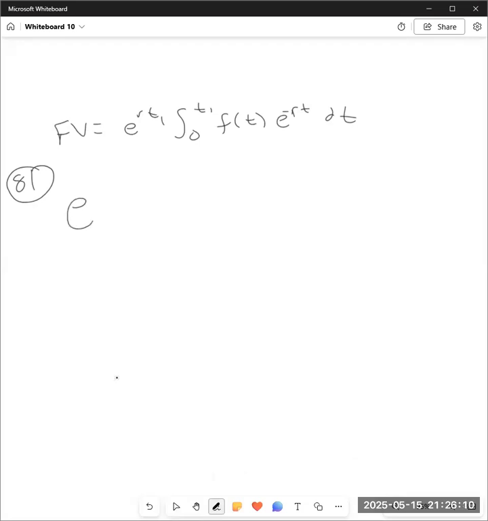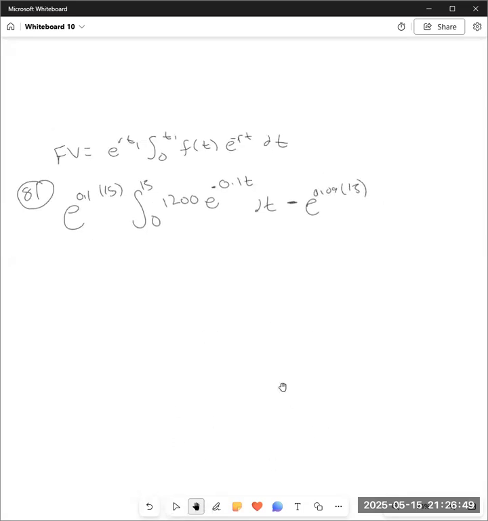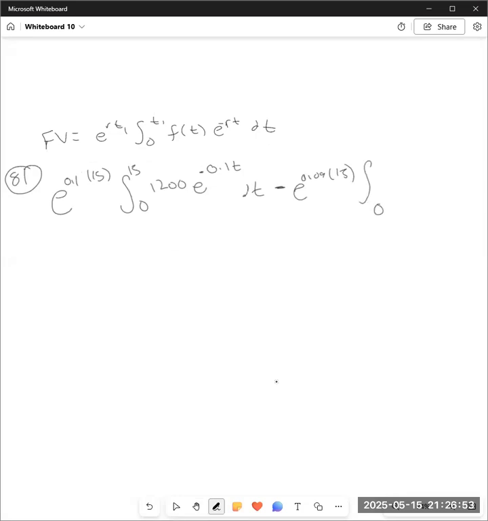So we have e to the, and the bigger interest rate here is 10% times 15 years, integral 0 to 15, 1200 e to the negative 0.1 t dt, minus, then we have e to the 9% times 15, integral of 0 to 15, 1200 e to the negative 0.09 t dt.